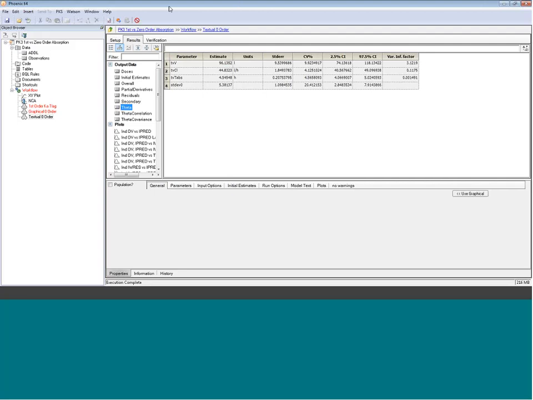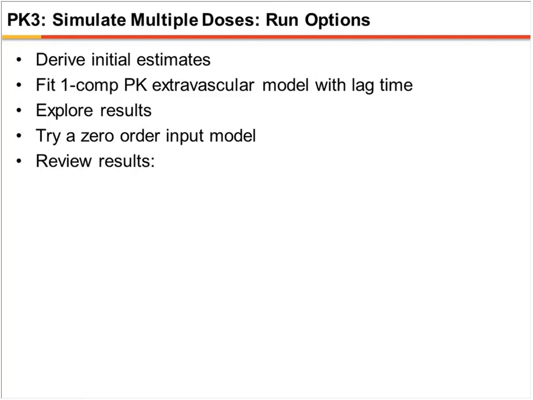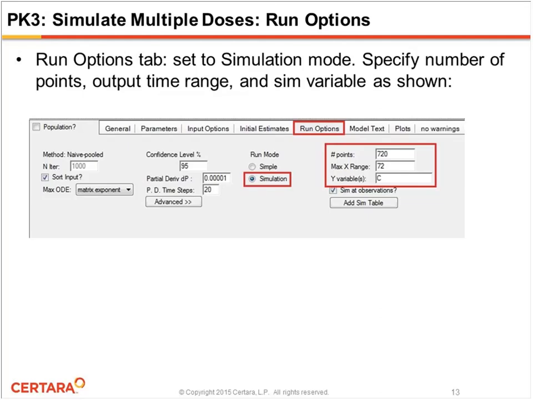Okay, so at this point, I will go ahead and switch back to the slides. I want to talk a bit about how to set up simulations in the Phoenix model object.